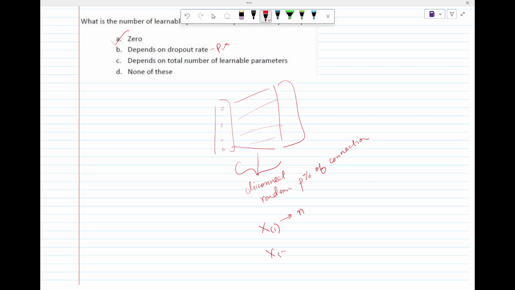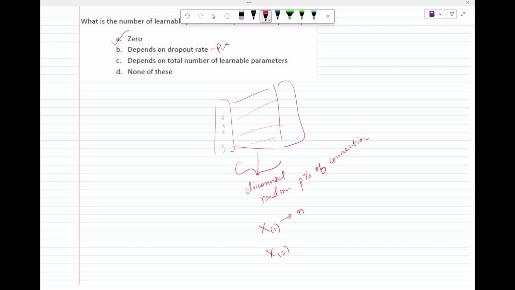For the next batch, you will again randomly select some 50 nodes and drop them out. So in reality, all your nodes and parameters will be used for training, but for each batch it will be different. All your parameters that are there in the architecture are learned, but the dropout layer is not adding any extra parameters.